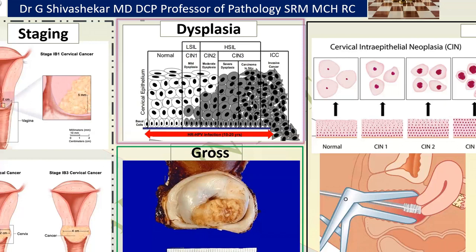And look at the cells, all the changes of dysplasia will be there. They are large, they are pleomorphic, nuclei are large, dark, hyperchromatic, irregular, and the relationship between the cells is lost. This is called loss of polarity. Further, there might be increased mitosis.